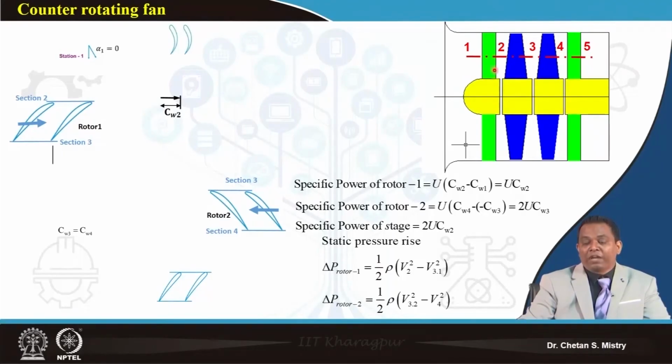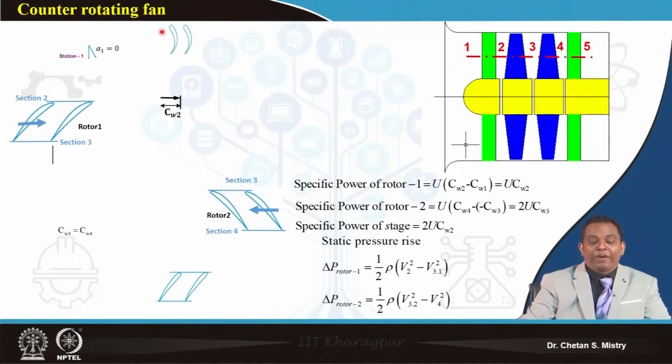Here we have an inlet guide vane and outlet guide vane. There are many configurations in which we do not have inlet guide vane and outlet guide vane in combination with a counter-rotating fan. These struts are provided only for support.